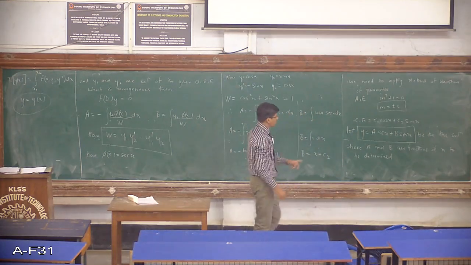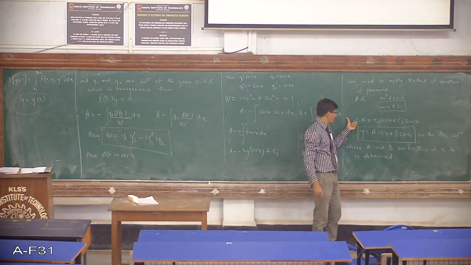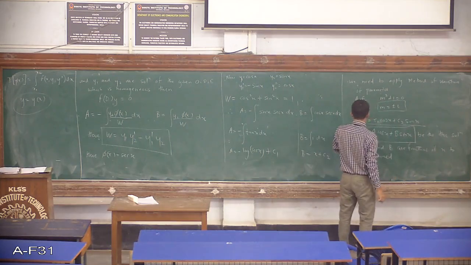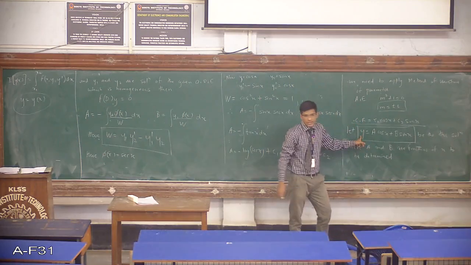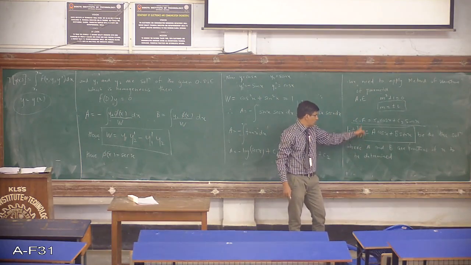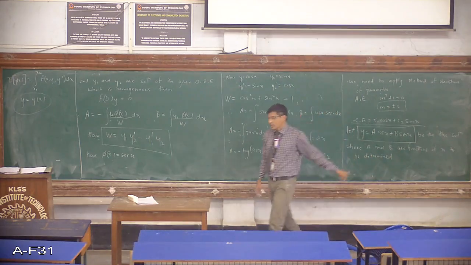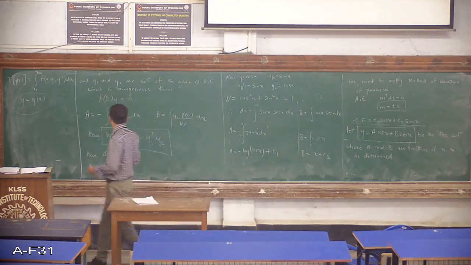Therefore, I substitute the values of a and b into the solution which I assumed: y is equal to a cos x plus b sin x, so I substitute the values of a and b over there.